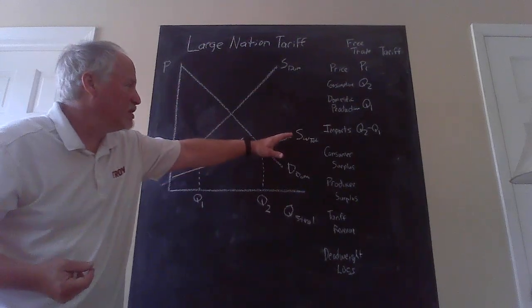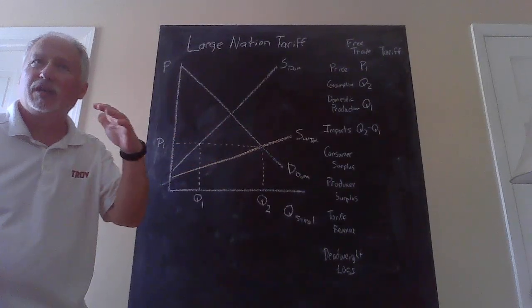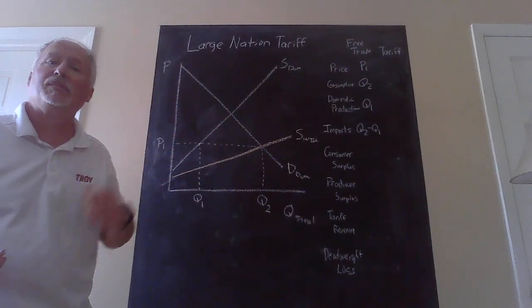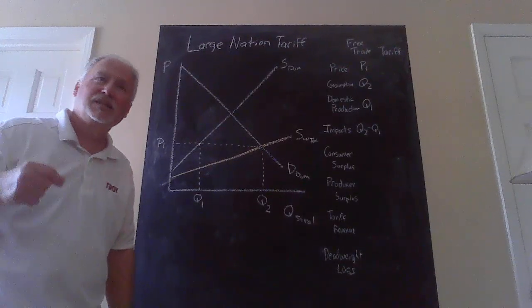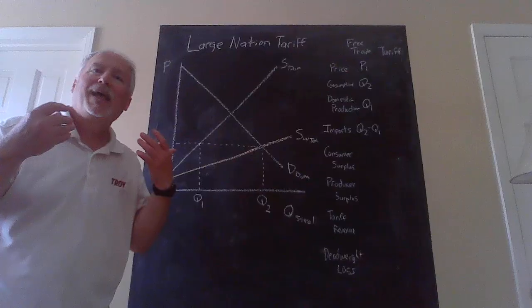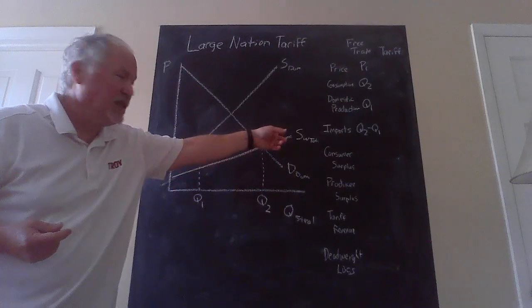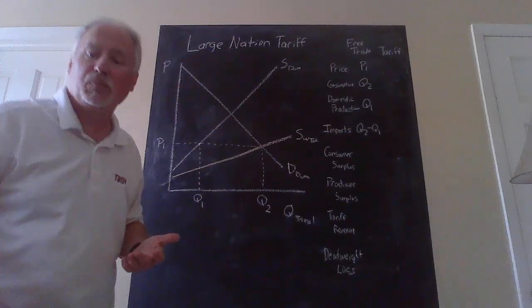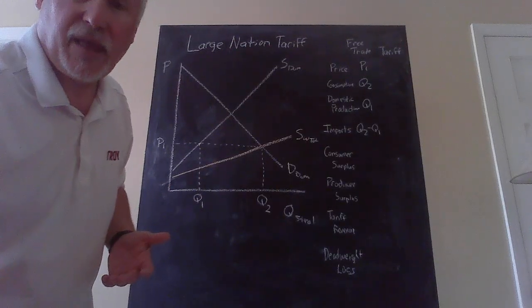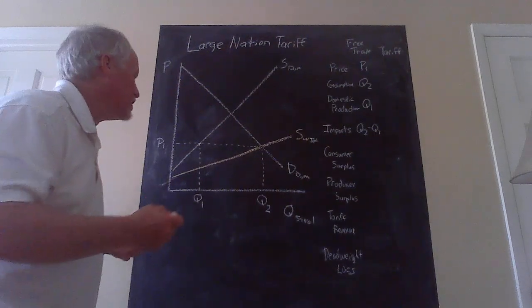So it would affect the world supply curve, and so it would shift the supply curve from the rest of the world up by the amount of the tax. Suppliers from the rest of the world will not sell steel in this country unless they can actually get the amount of revenue net of the tariff reflected by this curve here. So you shift the supply curve up to show the tariff, and you shift it up by the amount of the tax or the tariff.